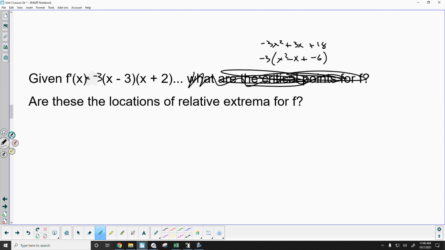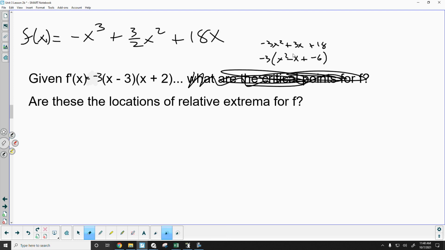Here's your real question. Given f, which is negative x cubed plus 3/2 x squared plus 18x, tell me, where are the maxes and mins? Why are you guys falling asleep in this class? Where are the max and mins of f?